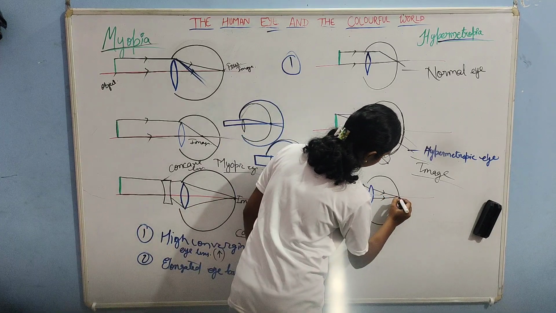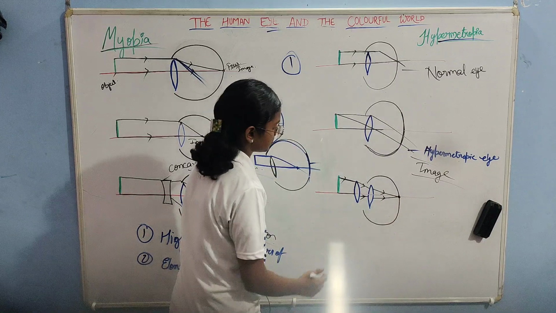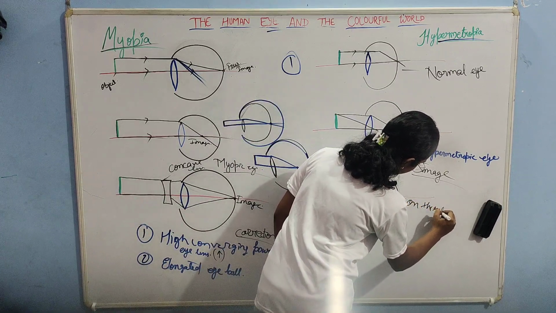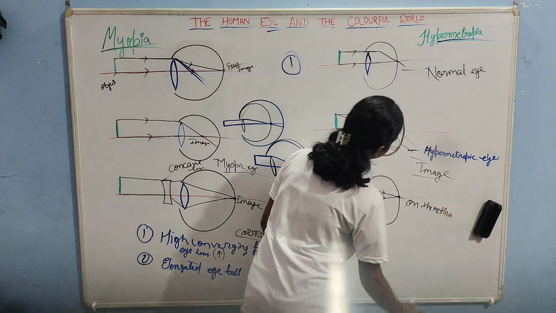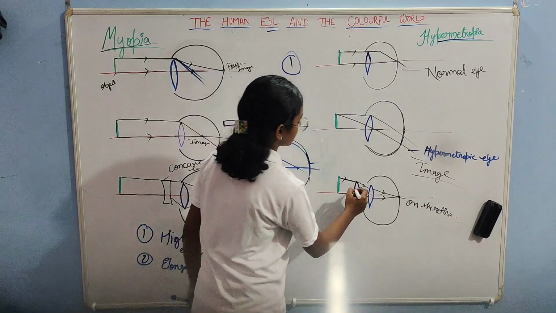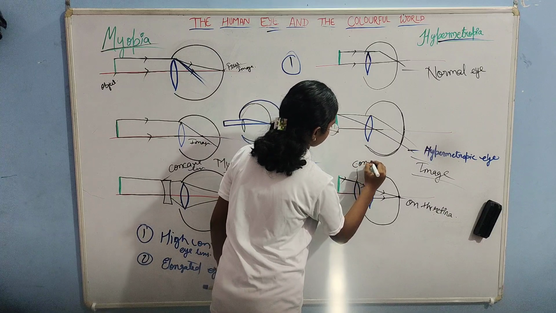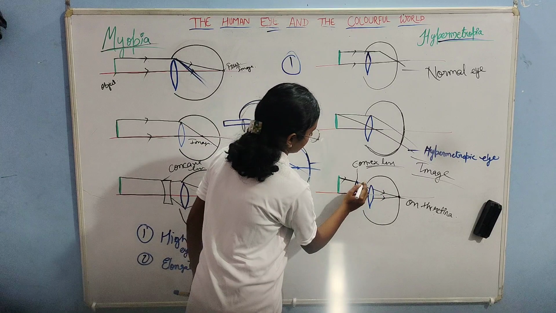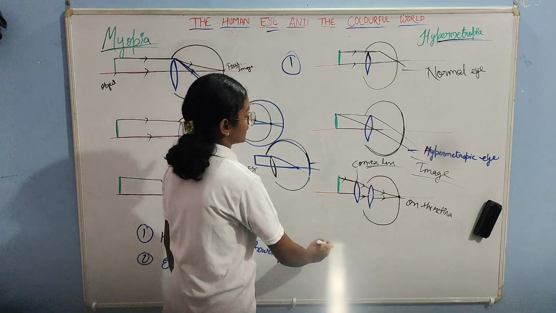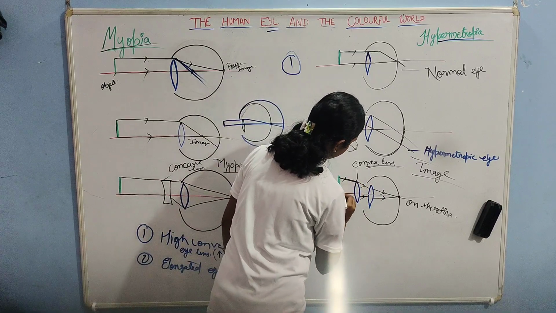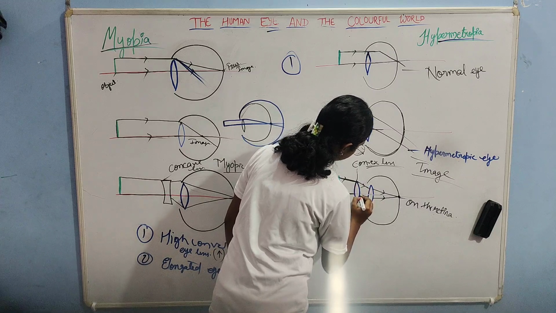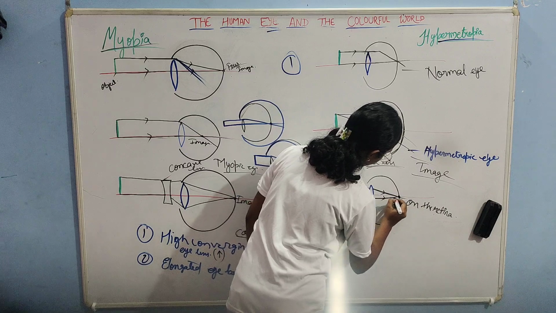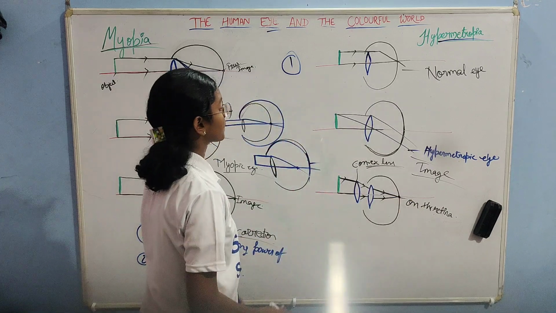After that, the image will form here on the retina. So, when we use the convex lens in our spectacles, the light rays get converged here and the image will form exactly on the retina.